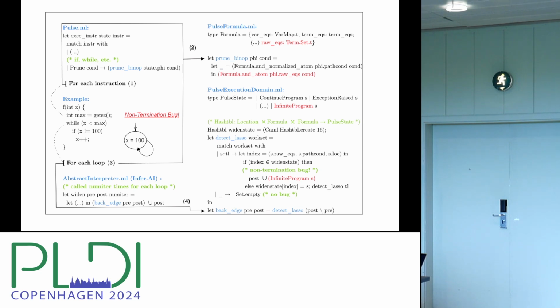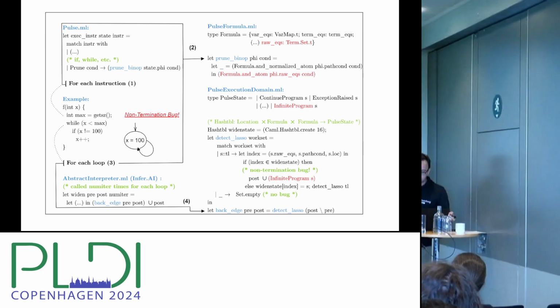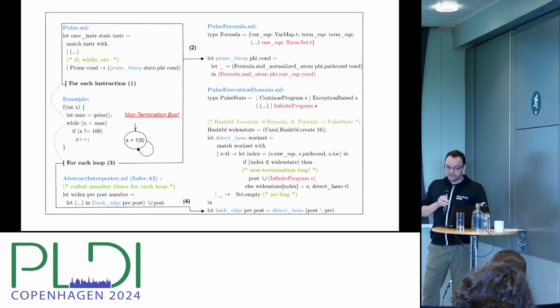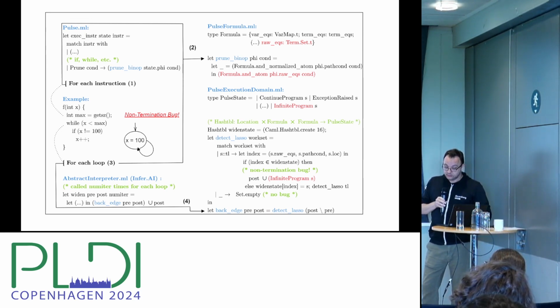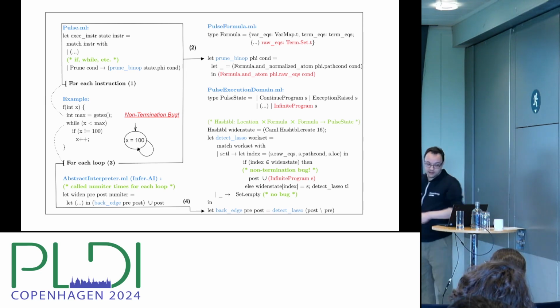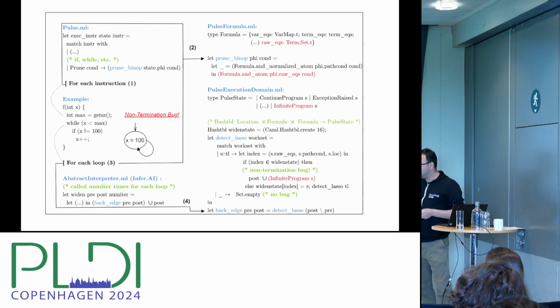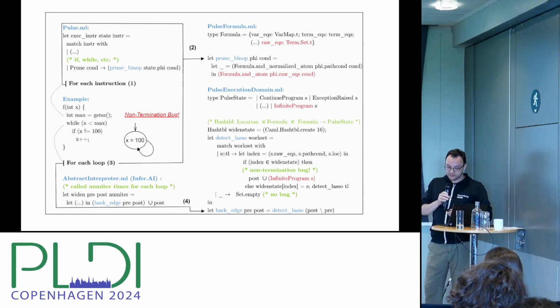Here's how it works. First of all, whenever you have one of those prune instructions, that prune instruction leads to a call to prune binop in the Pulse formula part of the code. That prune binop, you can see on the top here, takes the path condition and adds the condition that the prune just sent, typically adding these to the path condition, which is part of the domain of Pulse by default.